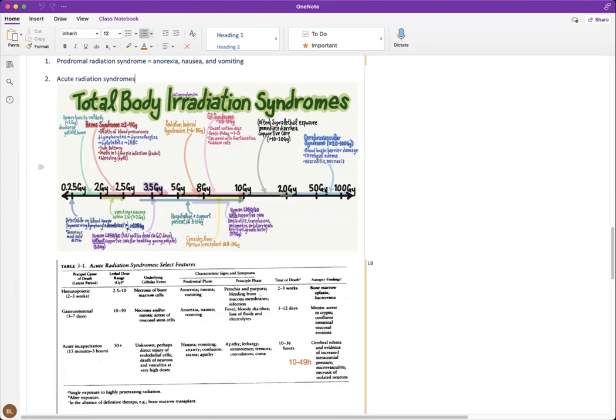And then lastly, the highest dose, I just think of it as like their brain is exploding, but you have blood-brain barrier damage above 20 gray, cerebral edema, vasculitis, and necrosis. And that is also lethal.